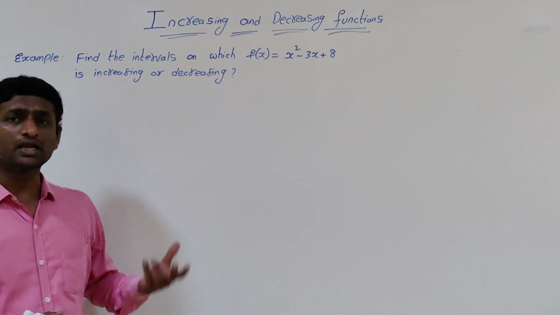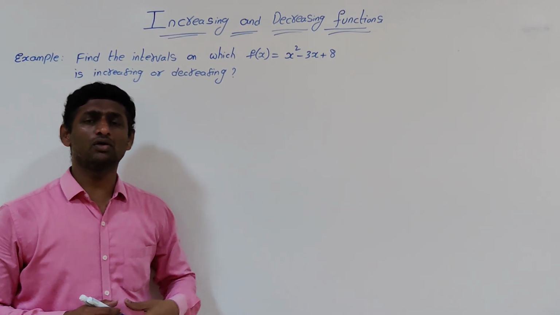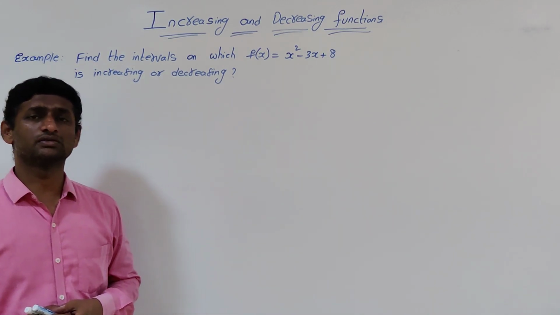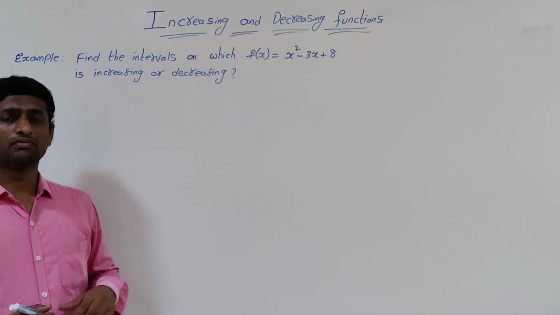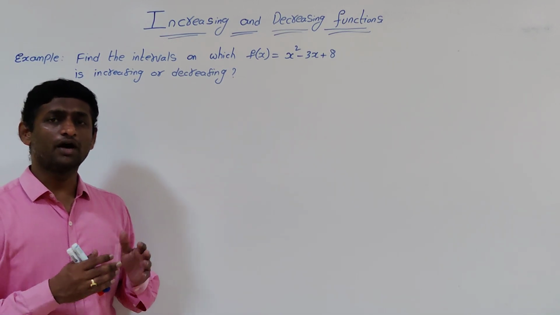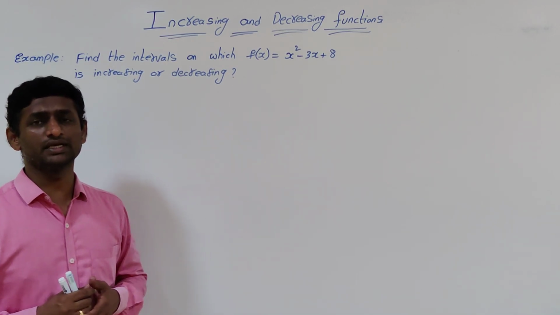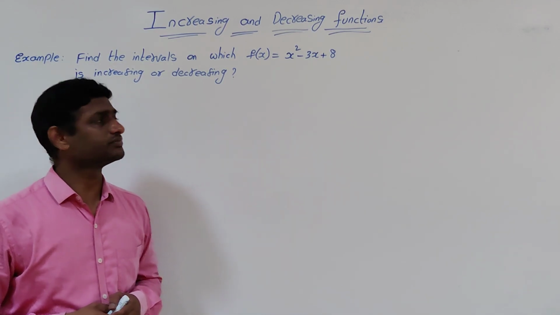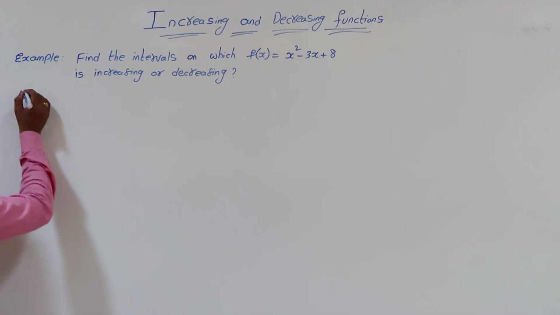It is R, because it is a polynomial of second degree, so it is defined for all values of x, that is R. But in R, up to what intervals the function is increasing and up to what interval the function is decreasing? So we'll see the solution.